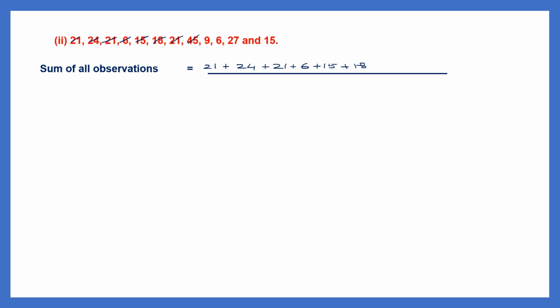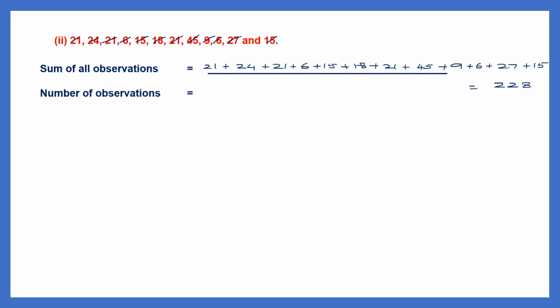Now we have 21, 45. So let's write 21 plus 45 plus we have 9 and 6 plus 9 plus 6 plus we have 27 and 15. So plus 27 plus 15. So we have all the numbers. Now let's add it up and find the sum of these numbers. So when you add up everything, you get 228. This is the sum of the observations.